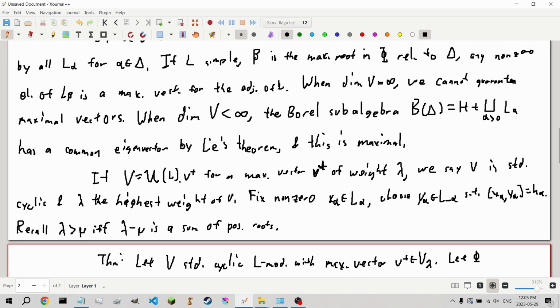Let the positive roots be beta i, i from 1 to m.